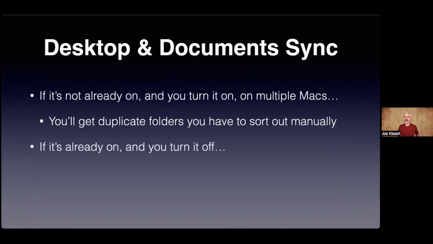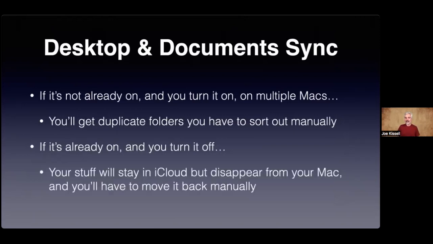So let's say I turned it on on multiple Macs, and I realized, oops, I don't want it. Can't I just turn it off and everything will be happy again? Well, no, because when you turn it off, your Desktop folder on your Mac will disappear. All the things that were in your Desktop folder will disappear. Your Documents folder will disappear. And you're going to go, Apple, what did you do to all my stuff?